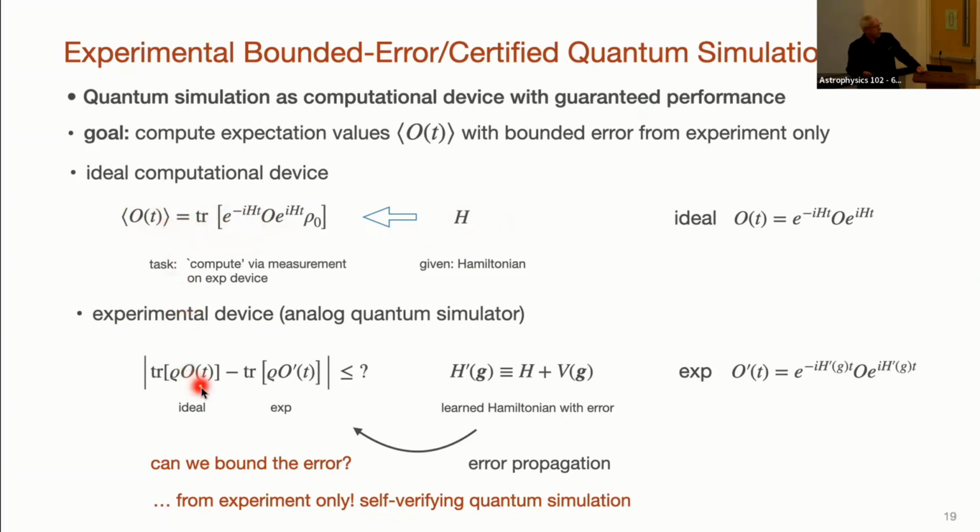Okay. But now you can ask yourself, in a real experiment, it's like drawing from this ensemble of Hamiltonians, within this error model over here, one of these Hamiltonians, and then looking at the time evolution, H prime, for that. And so it gives you different observables, and you want to compare the expectation value of your observables that you see in the experiment with the ideal prediction that the theorist would like to know, based on, well, I give you H, and then I would like to know what the answer is.